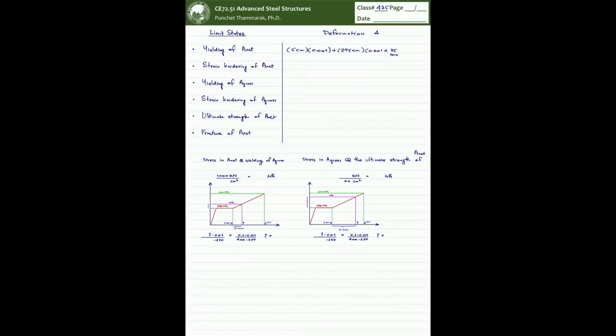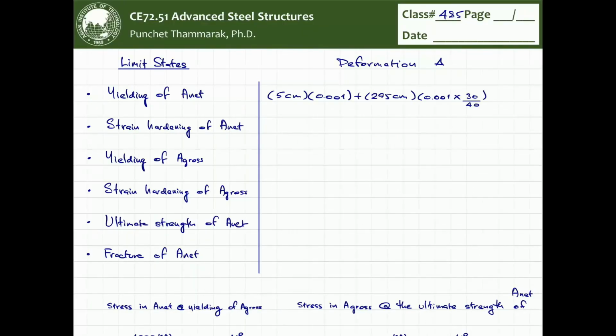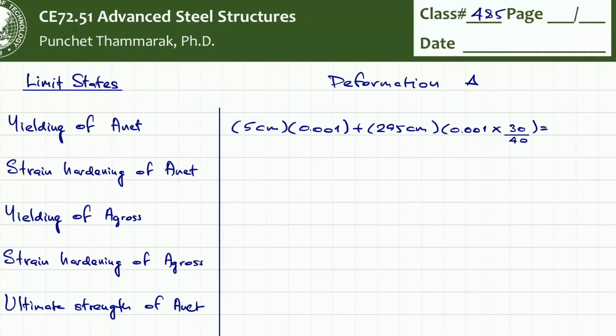That 75 to 100 is the area ratio. Basically it is just 3 to 4. Which is equal to 295 times 0.001 times 0.75. That makes 0.23 centimeters.